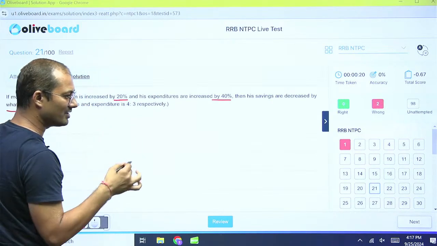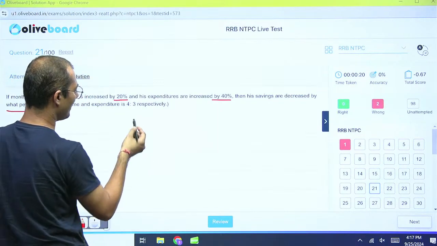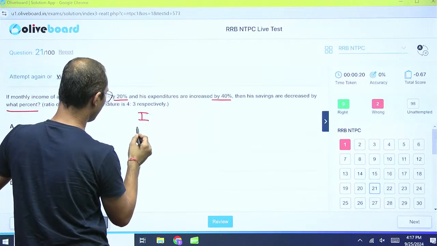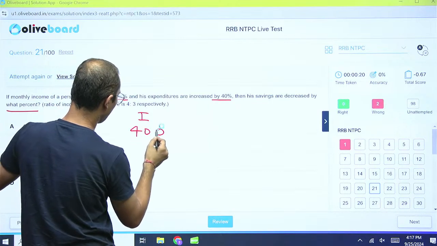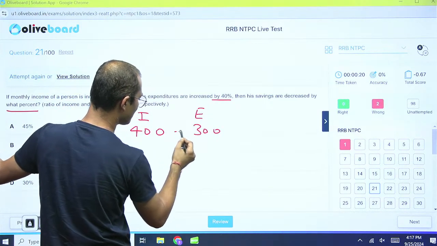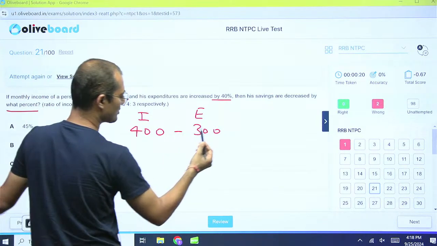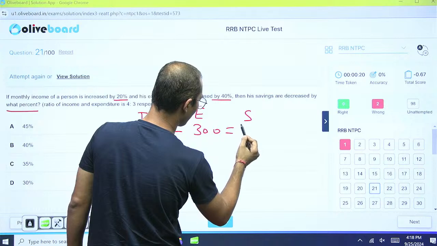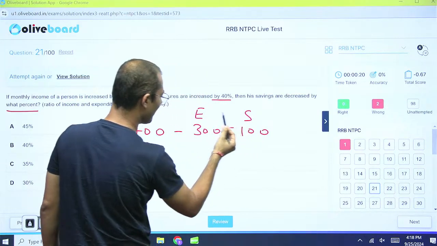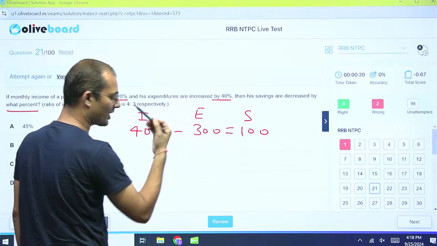If we are given the ratio of income and expenditure, we can let the income be 400 and the expenditure be 300. So how much would be the saving? 400 is the income, 300 is the expenditure. So in that case, saving would become 100, right? We know that saving is equal to income minus expenditure. 400 minus 300, we would get 100, right?